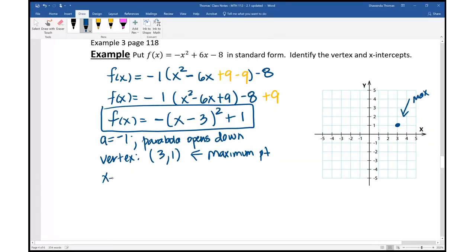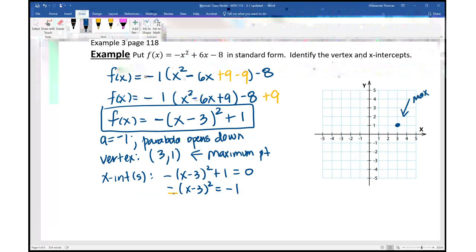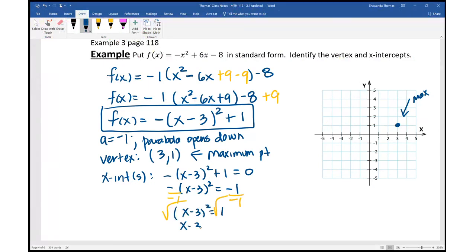Then for x-intercepts, let's set negative x minus 3 squared plus 1 equals 0. Let's subtract 1 from both sides. Divide both sides by negative 1. Square root both sides. We get x minus 3 equals plus or minus 1.